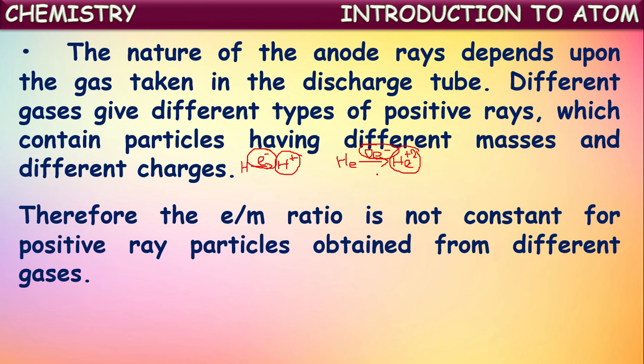That's the only difference from the cathode rays. Almost all the remaining properties are the same as the cathode rays, but in the opposite direction. Only this is different. The nature of cathode rays does not depend upon the gas taken in the discharge tube, but for anode rays, it depends on the gas taken.